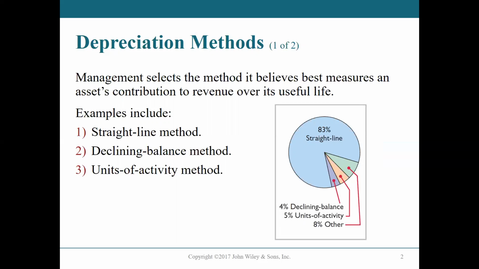I just always see it abbreviated. Anyway, that uses straight lines. So most people just use what the IRS puts out there, because then you don't ever have to worry about an auditor saying that's not a good method, because it's the method the IRS supports. So the 3 methods are the straight-line method, which we've already kind of had an idea about in some of the earlier work, a declining balance method, and then a units of activity method.